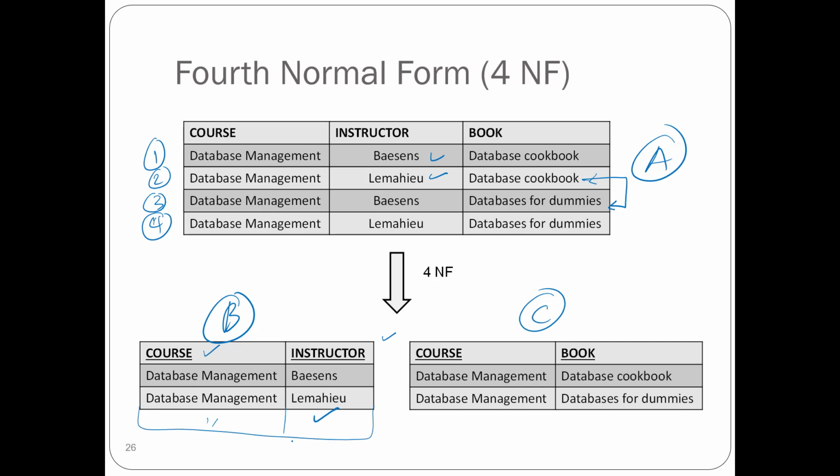Let's have a new instructor, like I'm putting myself there. So there will be only one entry here. Otherwise, if we had to do that here, you would have to make two entries for me as an instructor, because I need to be associated with these two textbooks that we have. So the fourth normal form is even better, and fourth normal form makes sense when we have multi-valued dependencies.